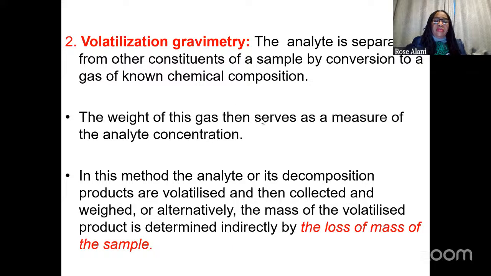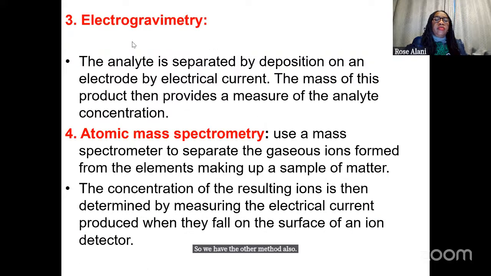So we have the other method also. I've told you about precipitation. I've told you about volatilization. And then this one is electrogravimetry. In this case, the analyte is separated by decomposition of the compound on an electrode by electrical current.